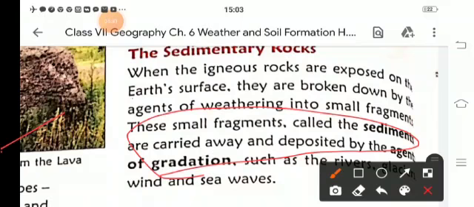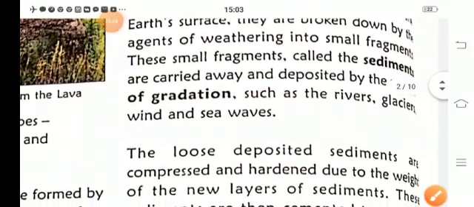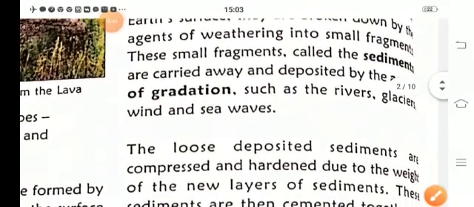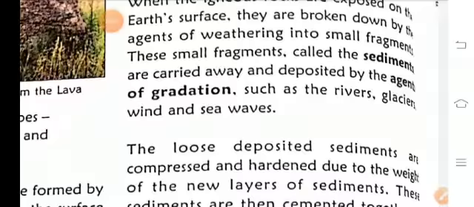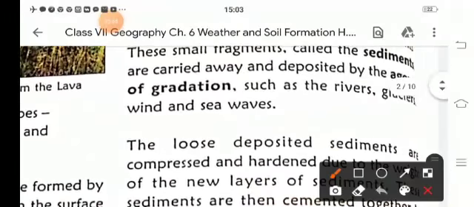Agents like rivers, glaciers, winds and sea waves form these rocks.